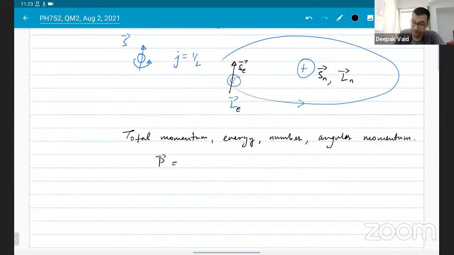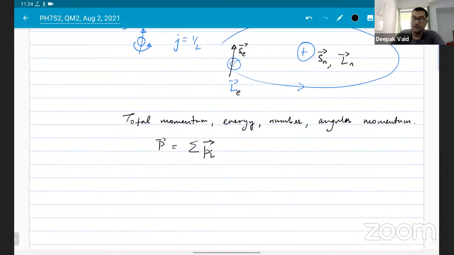So the simplest example is that of linear momentum. When you have a system with n independent particles, then you say that okay, linear momentum is just the sum of the momentum of each of the individual particles, right? And now let's say that somebody asks you to write down the wave function for these n particles, right? How will you do that?